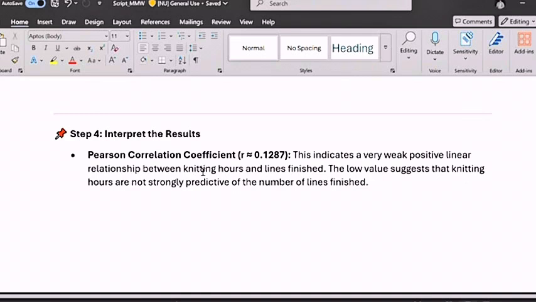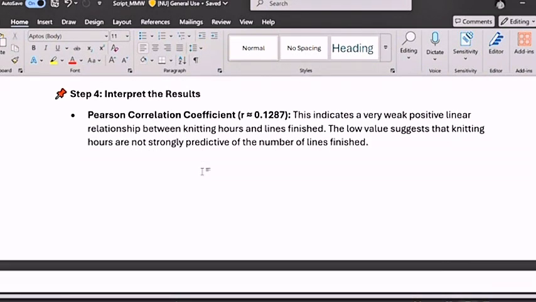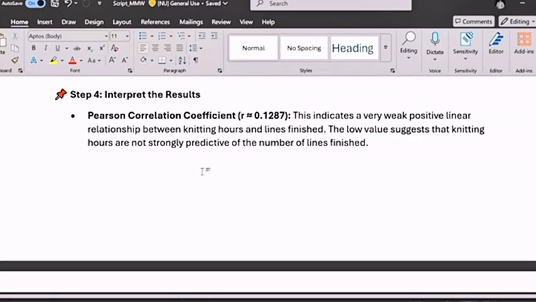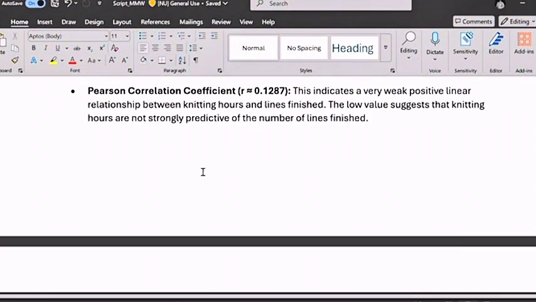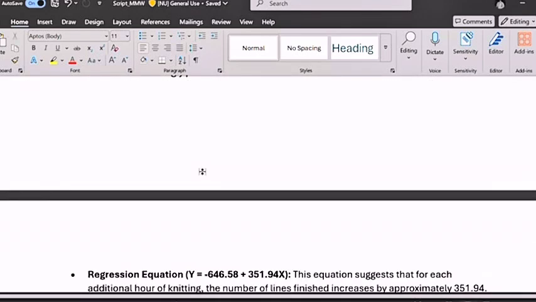Interpreting the results, in the Pearson correlation coefficient, we have R equal to 0.1287. That indicates a very weak positive linear relationship between knitting hours and lines finished. The low value suggests that knitting hours are not strongly predictive of the number of lines she was able to finish.